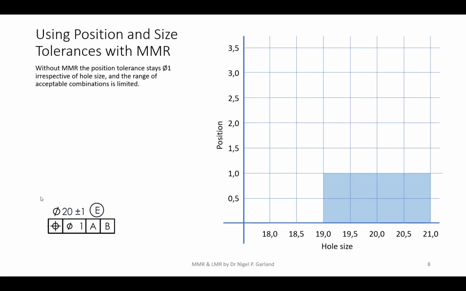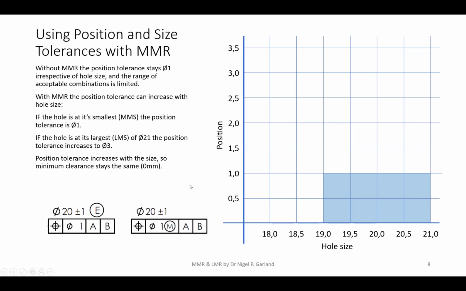When we're not using MMR, we have our functional size, 20 plus or minus 1, and we have our position tolerance of a maximum of 1 millimeter diameter. And that gives us these range of possible outcomes. So the hole size can be between 19 and 21, and the position can be between 0 and 1.